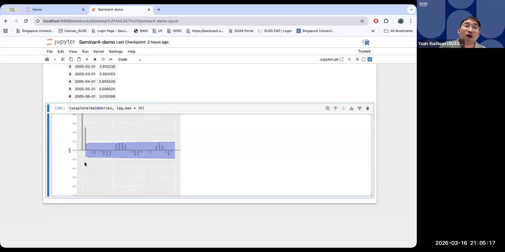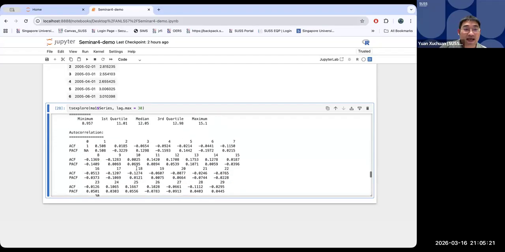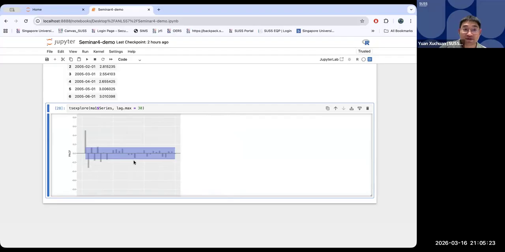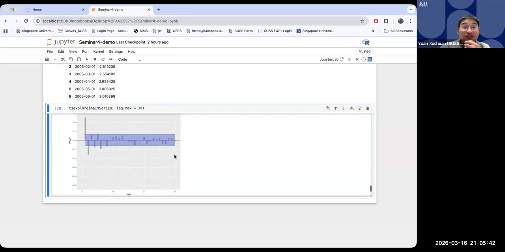So we can use an MA1 model to model this time series. And for an MA model, the PACF decays exponentially, and they don't have a cutoff. This is a characteristic of an MA model. So this is the MA1 series.